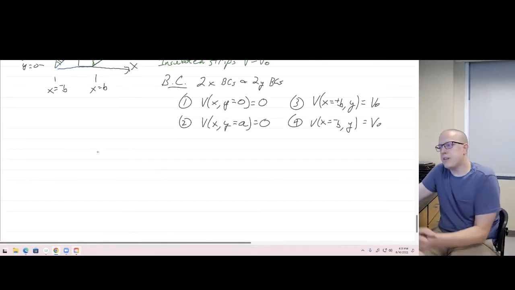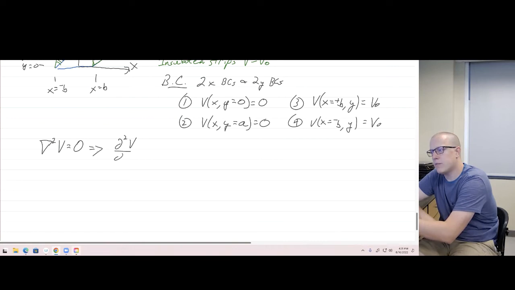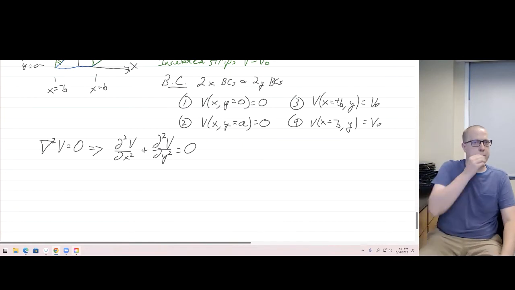Okay, so now we do separation of variables. I'm using the Laplace equation that says del squared V is equal to 0. And since I'm talking about a two-dimensional situation, I have the second partial derivative of V with respect to x plus the second partial derivative with respect to y is equal to 0.